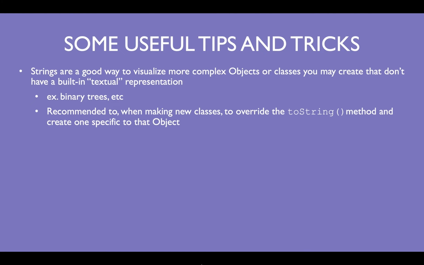We've seen this before when examining the toString method, but it is really recommended, when creating these new classes, to override the toString method that all objects inherit and create one specific to that object.